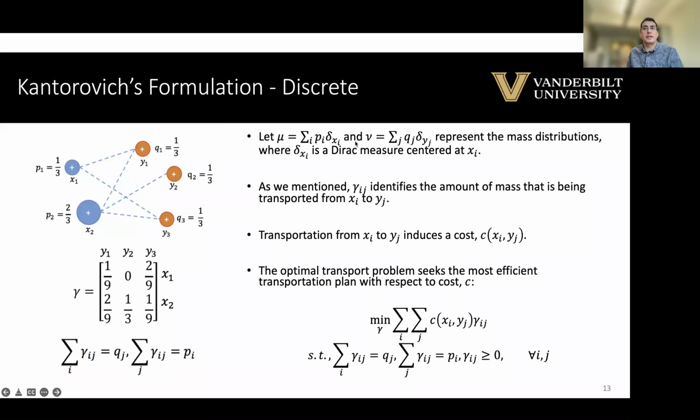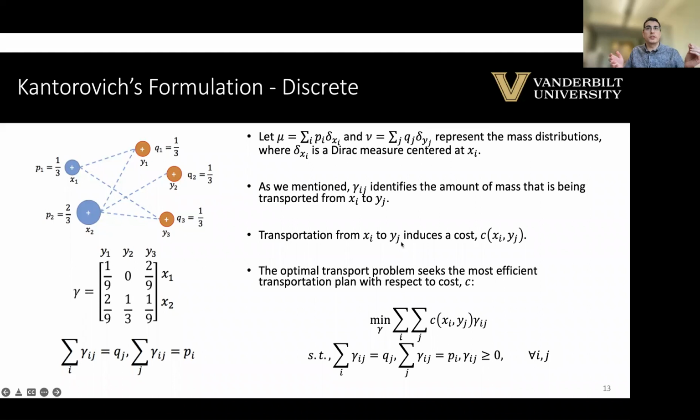So we have mu and nu representing our probability measures. And then gamma ij, gamma is our transportation plan, and gamma ij identifies the amount of mass that's being transported from Xi to Yj. And then this is a key ingredient: there is a transportation cost from Xi to Yj. Think about it as gas price.